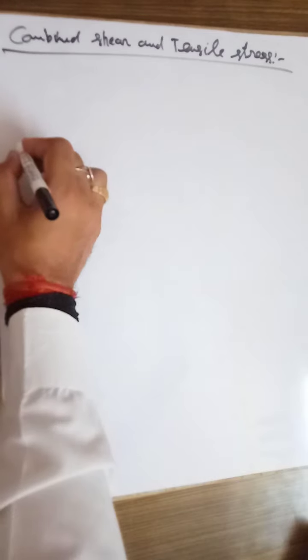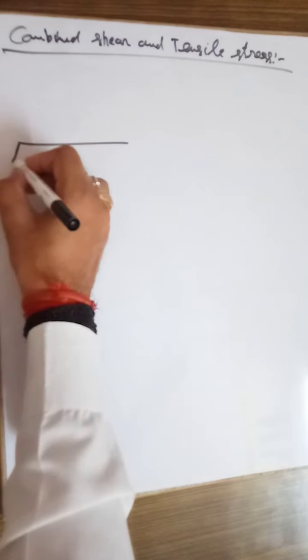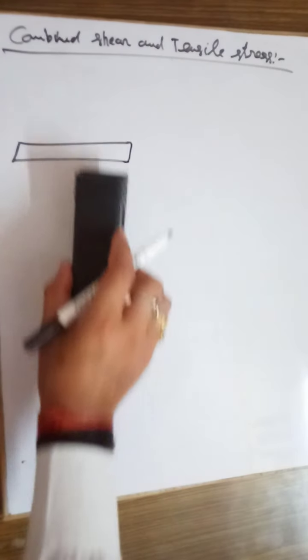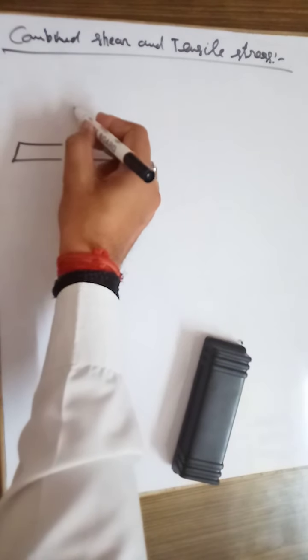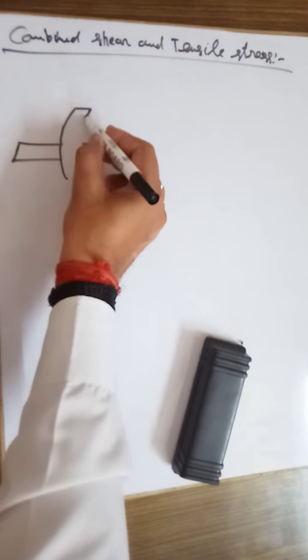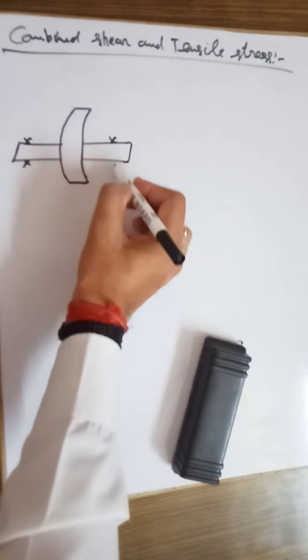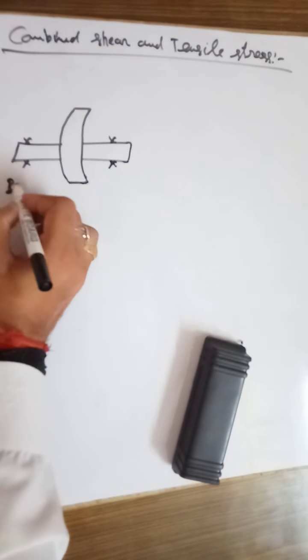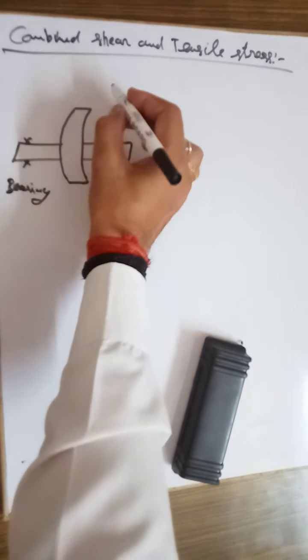So I'm just trying to draw the typical belt driven shaft. Okay, so here I am just drawing a typical belt driven shaft. So if this shaft is here, and these are the fixed bearings, here the shaft is fixed, and this is the pulley.